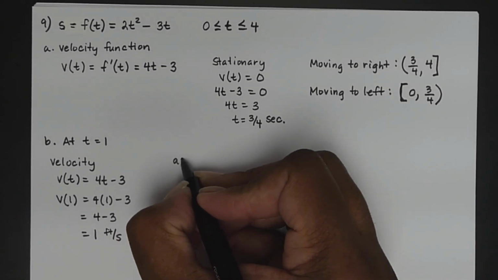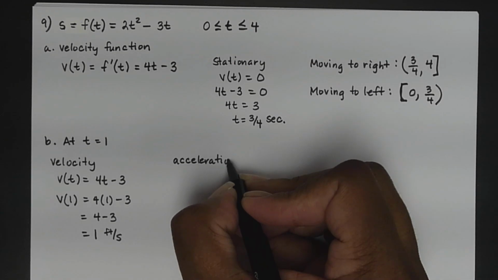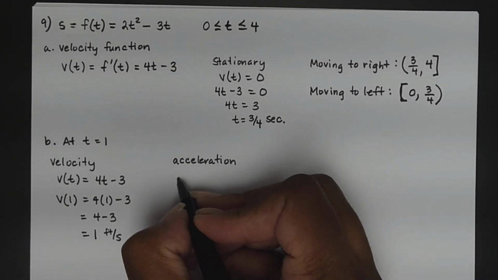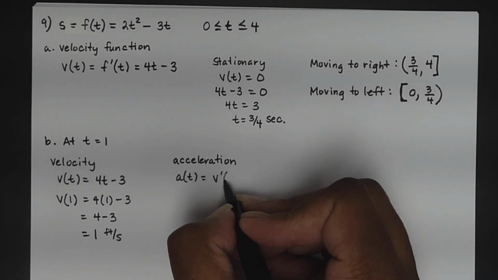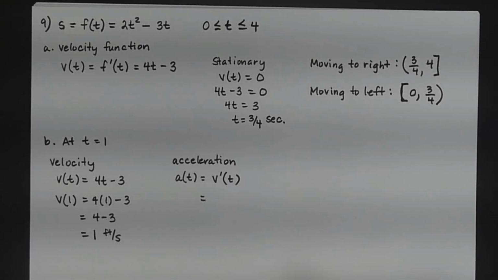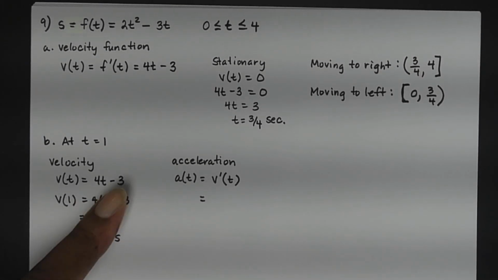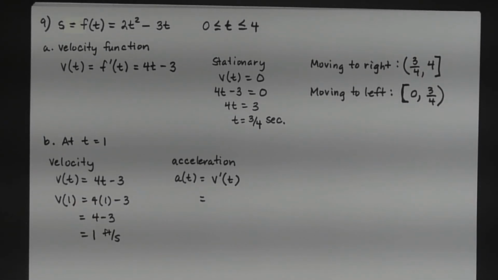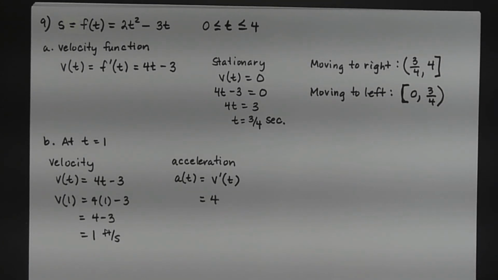And then for the acceleration, a of t is equal to the derivative of our velocity function. Well, if our velocity function is 4t minus 3, then its derivative will have to be 4.